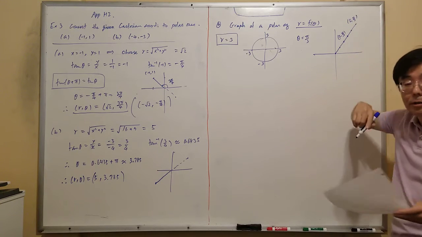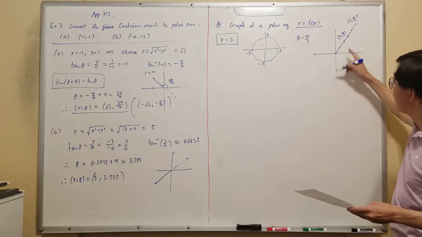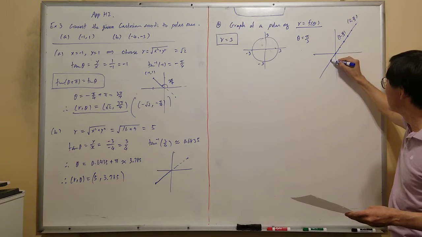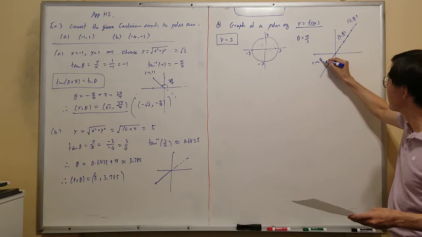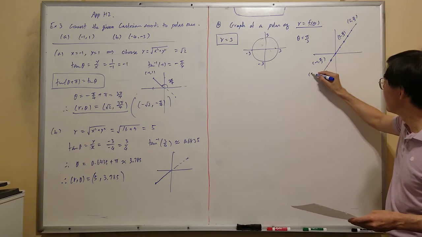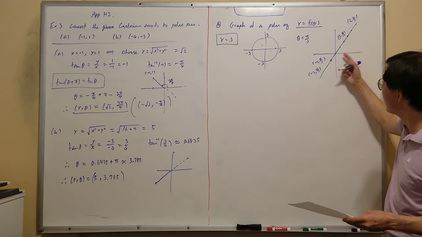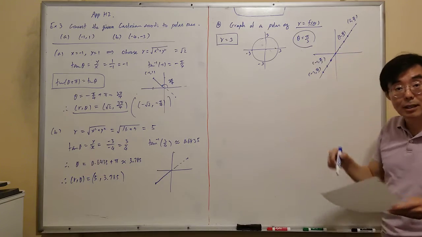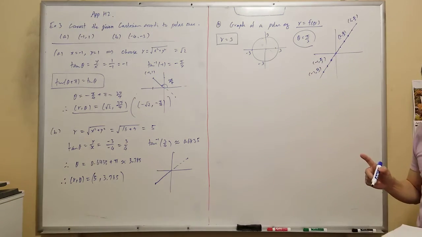They're all on this line. Well, on the other side, this is negative 1 pi over 3, right? And negative 3 pi over 3. So the opposite side will also satisfy this as long as r value is a negative value.